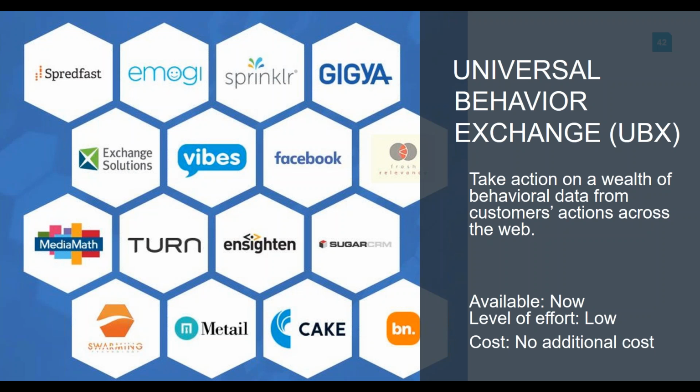So the best thing to do right now with UBX is start looking at what partners work on UBX right now and what might work with your current marketing channels and marketing tools. Tools that you're already using might already have connectors built out in UBX, and then those are simple integrations that you can already start using.